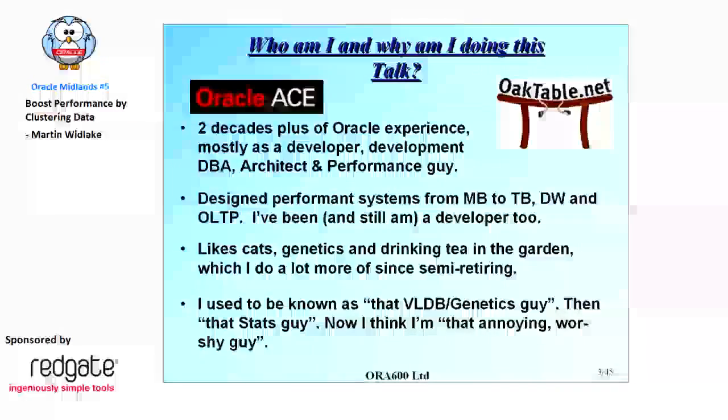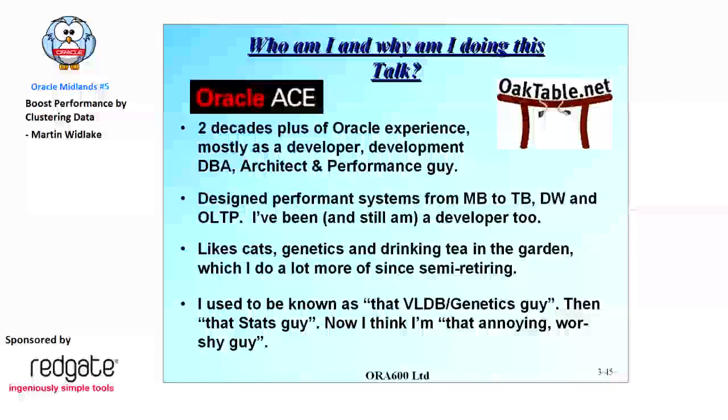Okay, so a little bit about me. I've really been doing this for over 2 decades. I've just fallen into jobs where I design very big systems. The biggest one I've designed eventually grew to half a petabyte before they got really scared and turned it off again. And I'm not really a computer programmer. I'm a failed scientist, genetics.